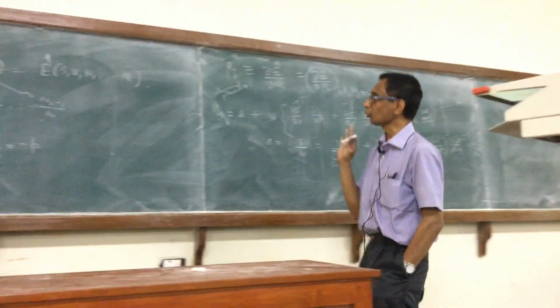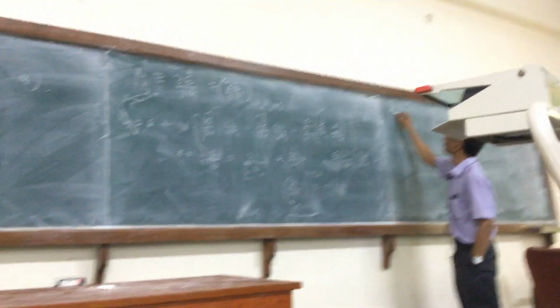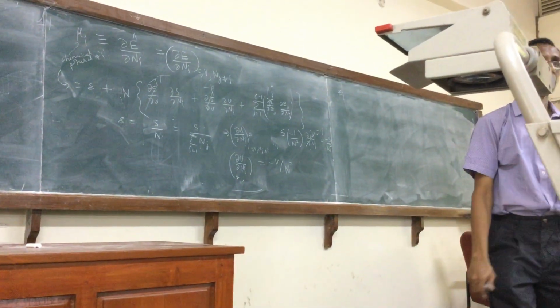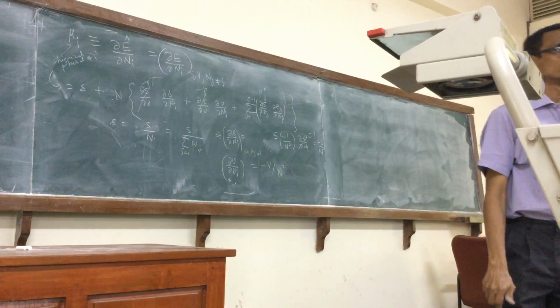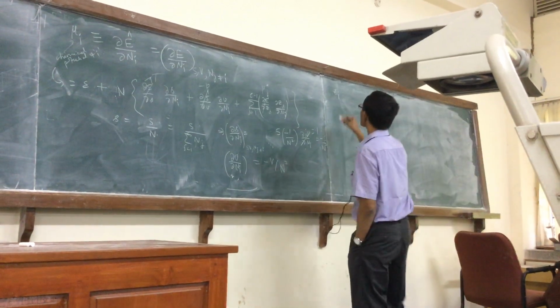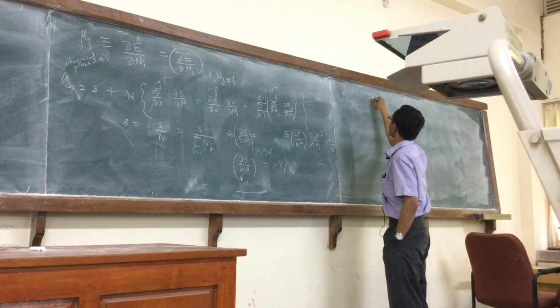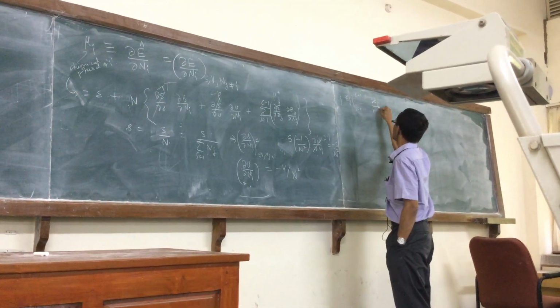So let's now take an arbitrary mole fraction, Zj, where j can be from 1 to C minus 1, and calculate what is dZj by dNi.